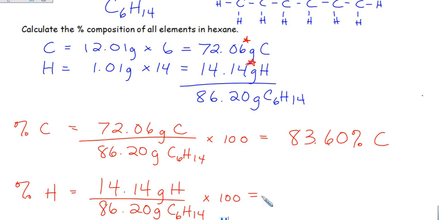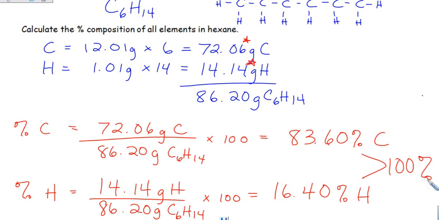And just out of curiosity, if I plug this in, I get exactly what I was expecting. I mean, these two together should give you 100%. So if you only have two elements in your compound, you could do the percent carbon and then just subtract from 100 to get the hydrogen. Or in this case, if I really did plug them in, I know I did everything right if the two together add up to 100%.